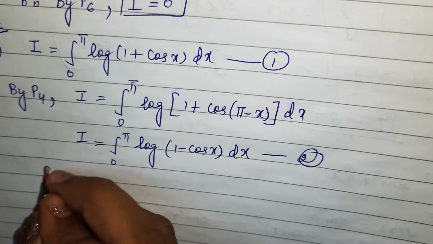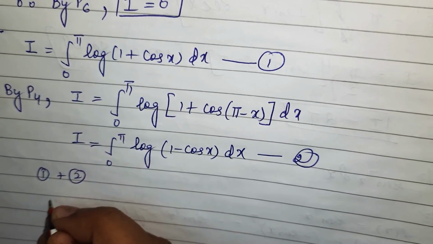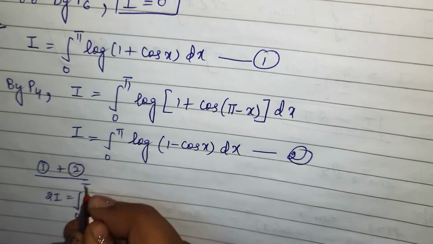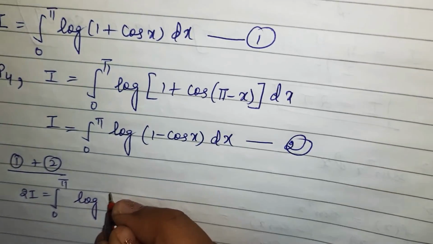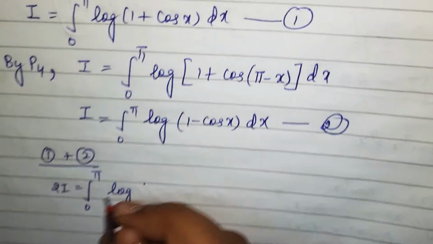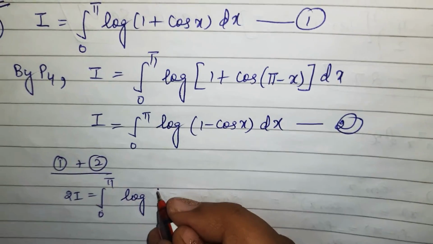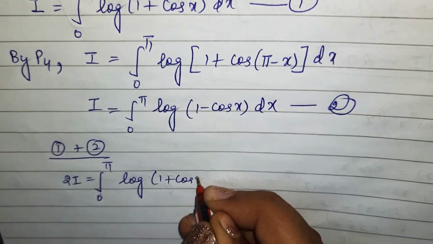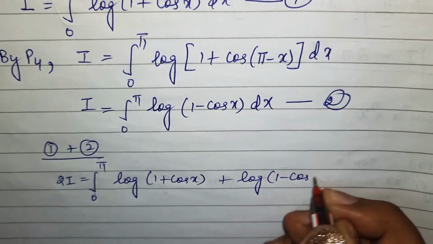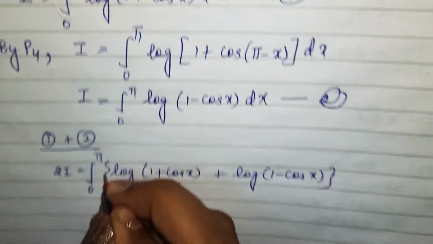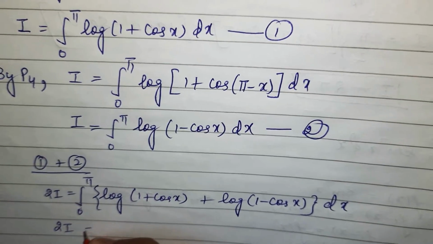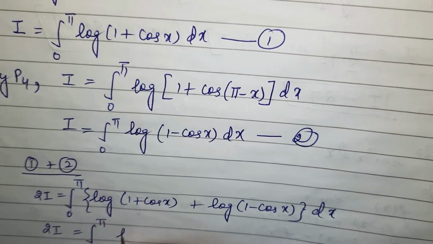So add 1 and 2. You will be getting 2I as the integral from 0 to pi of log of 1 plus cos x plus log of 1 minus cos x. So what you are getting? Log m plus log n will give you log mn.